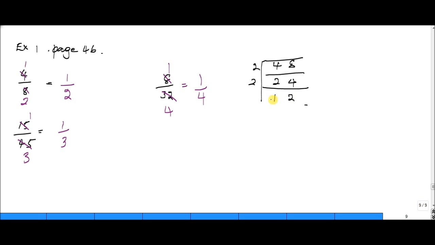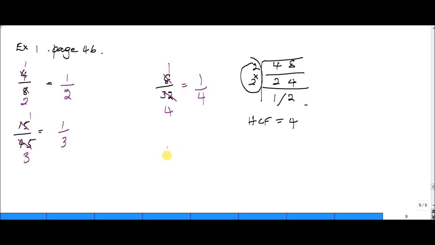Can I find any number that can go into both of these? No. So we multiply everything outside, and we say our highest common factor would be 4. So that's what we use here. So we divided the numerator by 4 and divided the denominator by 4. When we were finished, we ended up with a half.